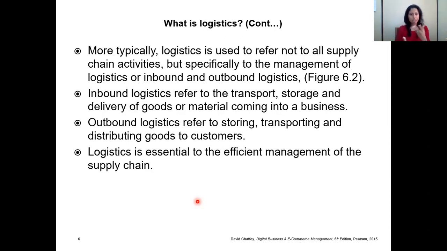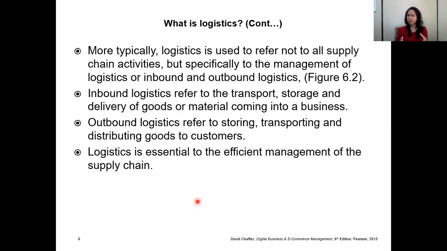So what do you mean by inbound logistics? We understood that it is the transport, storage, and the delivery of goods or material coming into a business, right? It can be raw materials, it can be parts, right? And inbound logistics could include warehouse management and things like that. And also outbound logistics is also a part of logistics.